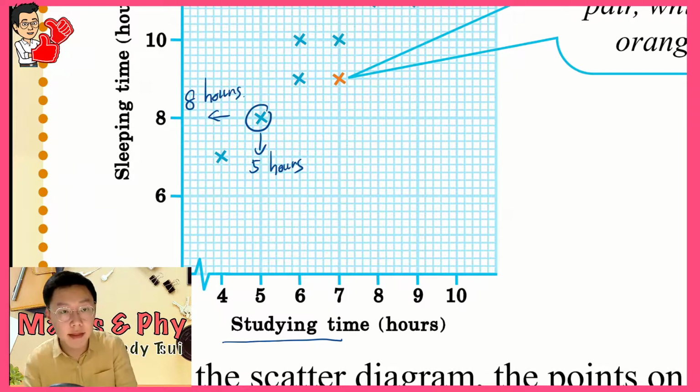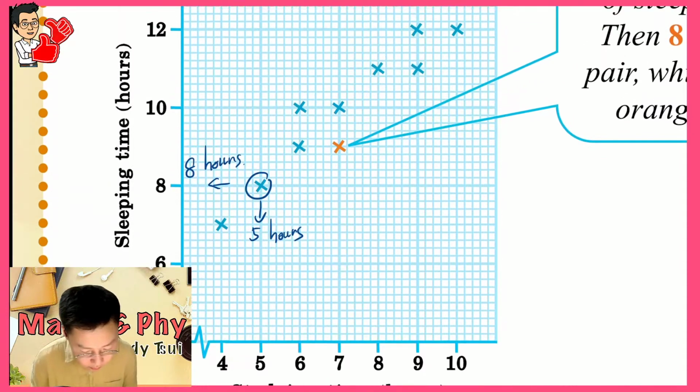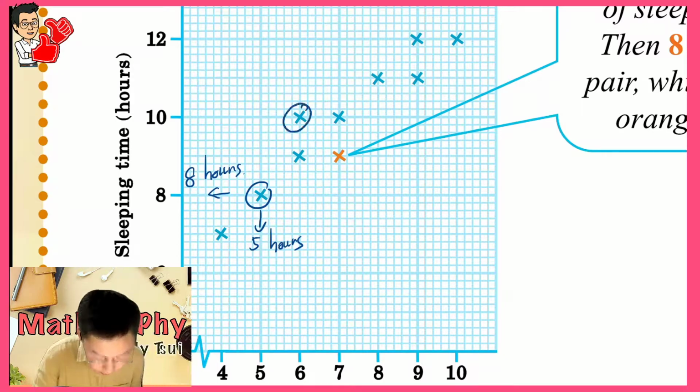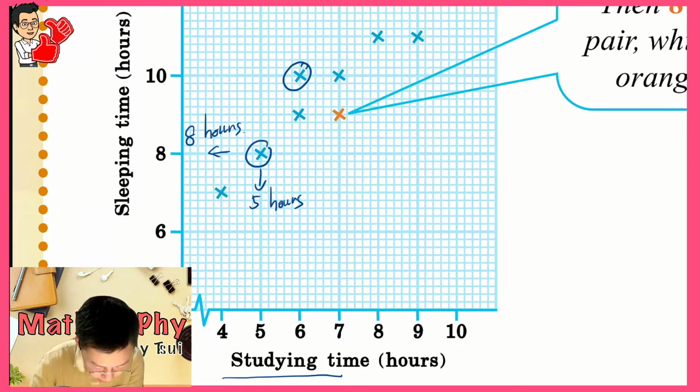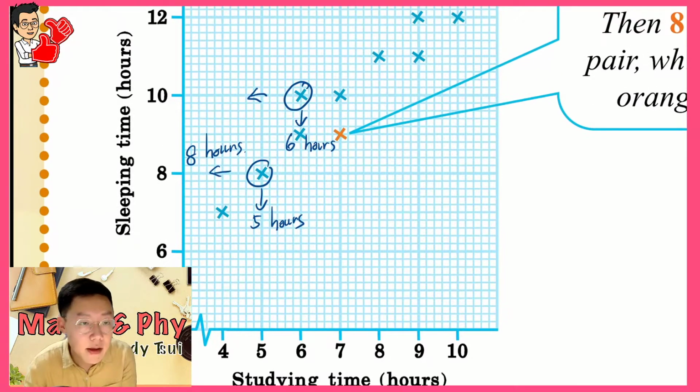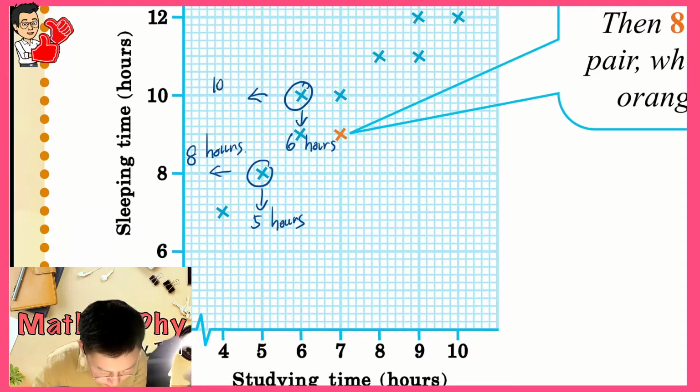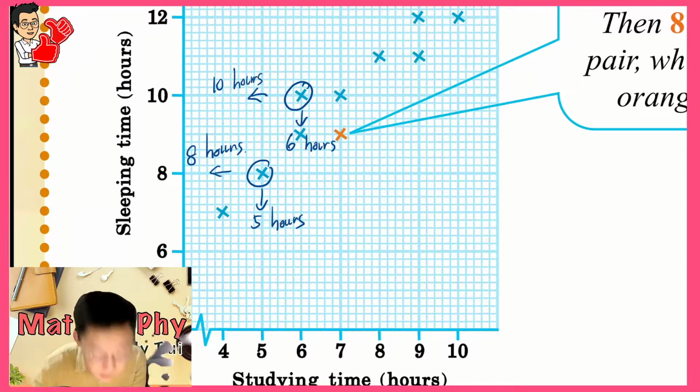Then I want to show you one more point. For example, this point: maybe one of the students has 6 hours for the starting times, so he or she has 10 hours for the sleeping times.